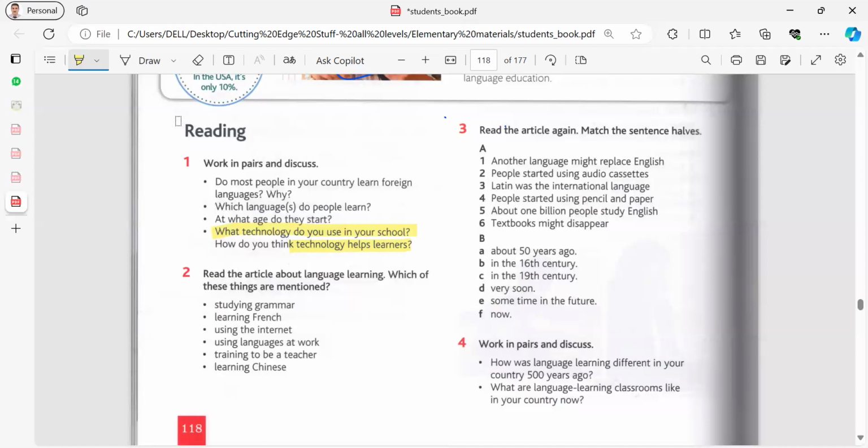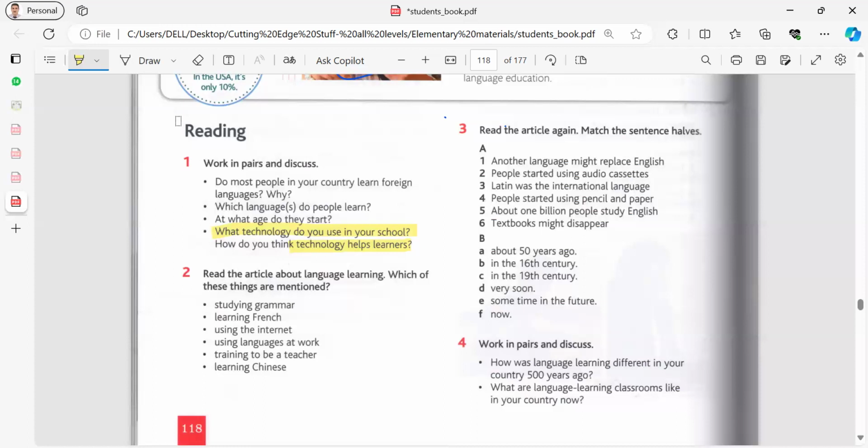Don't say no, I am Saudi, we don't need this or that in my country. No, you should be global. You should think globally, not only in your country. You should be aware of the updates around you. So far so good.